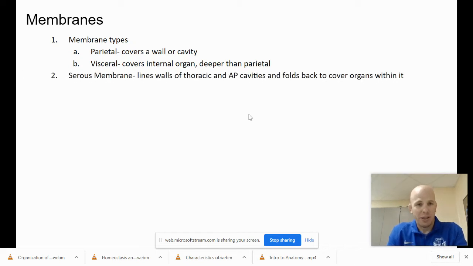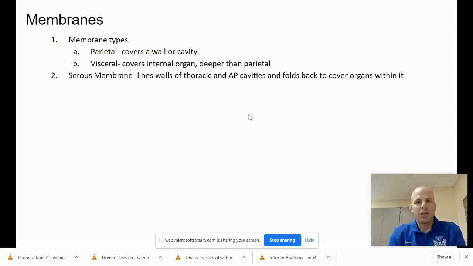All of these membranes that we're going to be doing right now are serous membranes. There's also another type of membrane called cutaneous membranes, although we won't do that during this unit. A serous membrane lines the walls of the thoracic and abdominopelvic cavities and covers the organs in it.